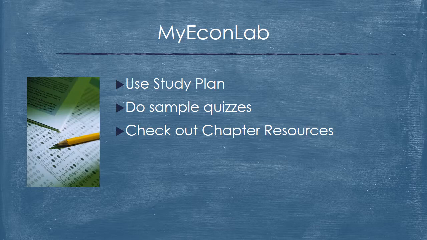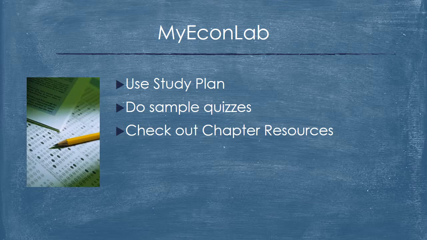All right. Lastly, I urge you to check out the chapter resources in MyEconLab. If you go again to the left-hand column when you are in the MyEconLab course, you'll notice that there is a drop-down for chapters, and you can go to each chapter specifically, and then within that chapter they have a number of different kinds of resources: web links, animations of graphs that you see in your textbook, and study guides as well.